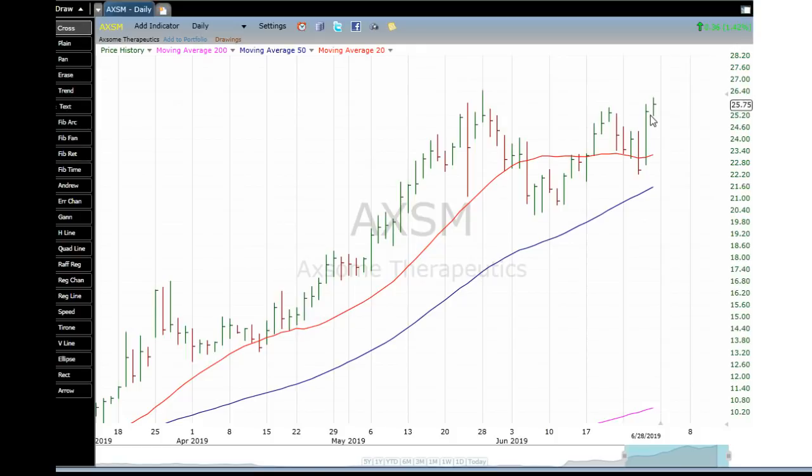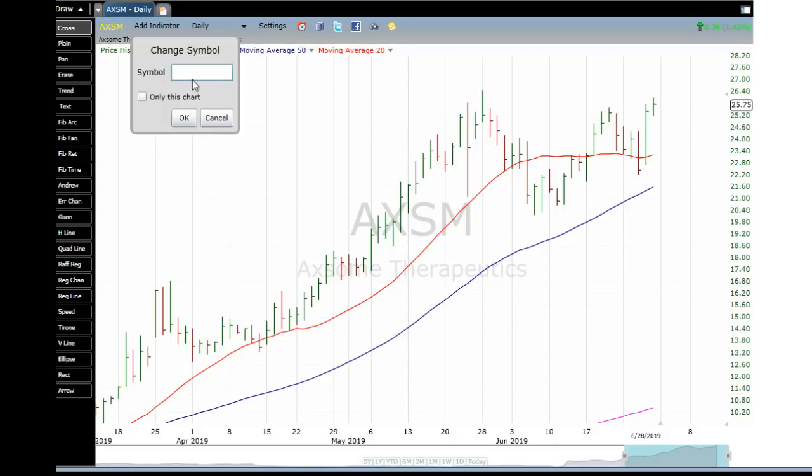And it looks like after this large range day on Thursday and Friday's little narrow range contraction day, we're going to get an expansion today. We should go up to higher highs, and we'll probably lock in some more profits on this one.